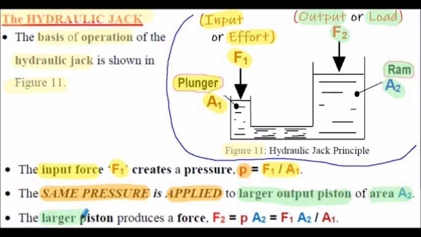So in this case the larger piston produces a force labelled as F2, which is the pressure P multiplied by area A2. But we know above that pressure P is F1 divided by A1, so we can derive the formula for F2 as being F1 A2 divided by A1.